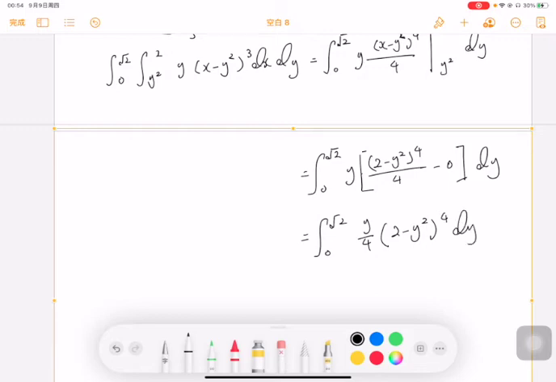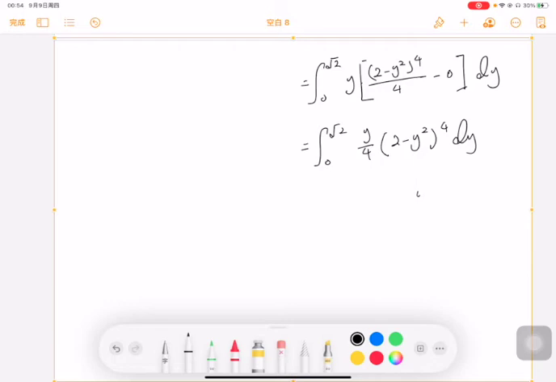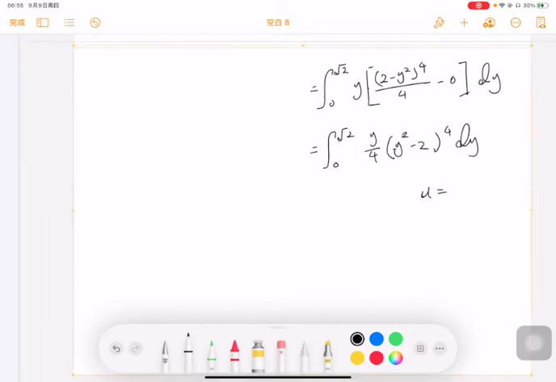You can, of course, multiply everything out, or alternatively, you can use u substitution with u equals y squared. To make our lives easier, instead of 2 minus y squared, let's write y squared minus 2 because it's an even power. You can multiply it by minus 1, and u equals y squared.